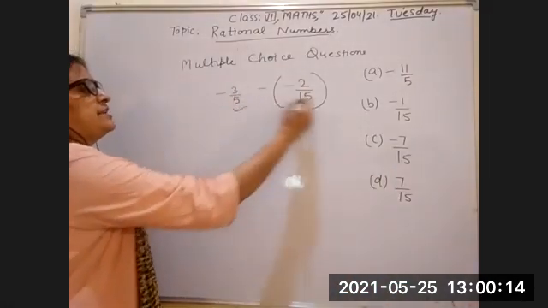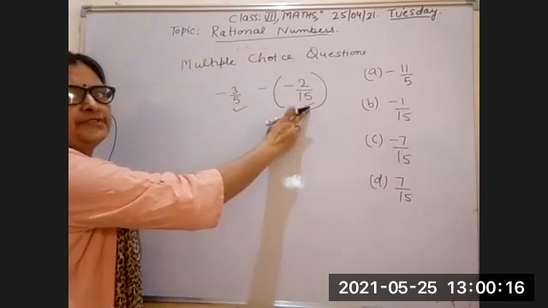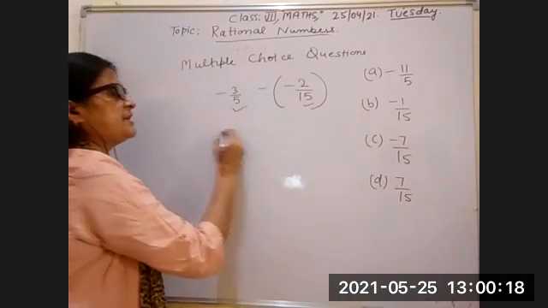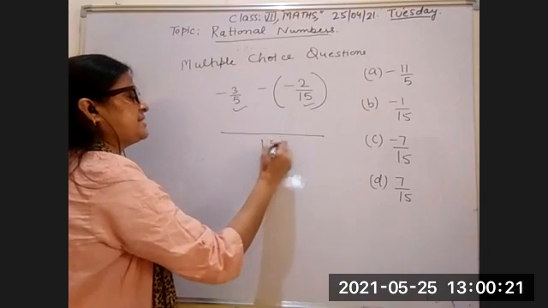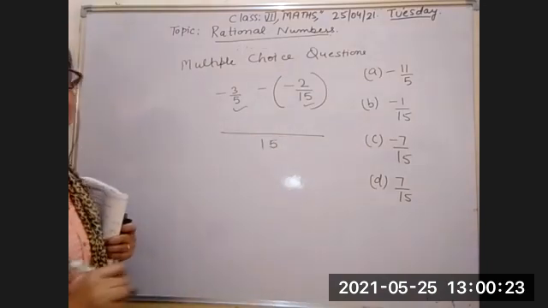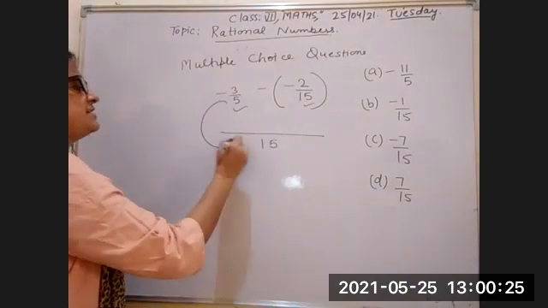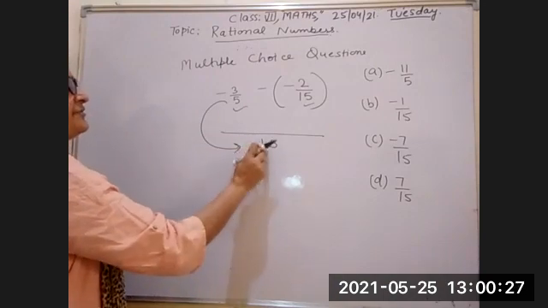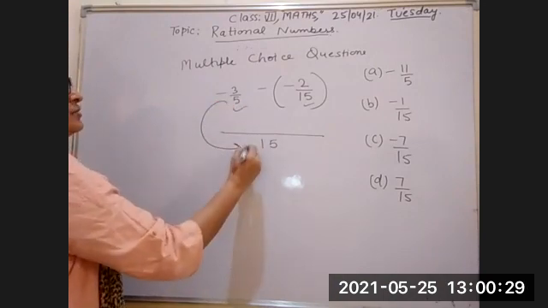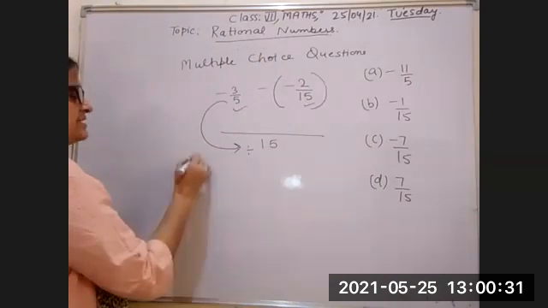First, you have to take the LCM of 5 and 15, because 15 is divisible by 5. So 15 is the LCM in this question, and you have to divide 15 by the denominator. So 15 divided by 5 is equal to 3.